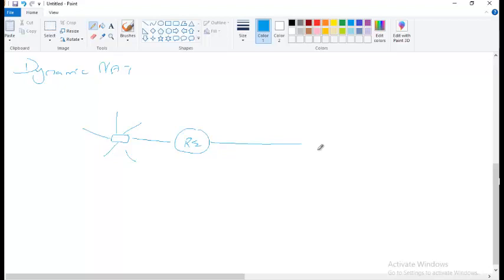So NATing will do its part. NATing will change the source address from 10.0.0.1 to 20.0.0.2, which you are giving statically to get mapped. Now, routing is another part.